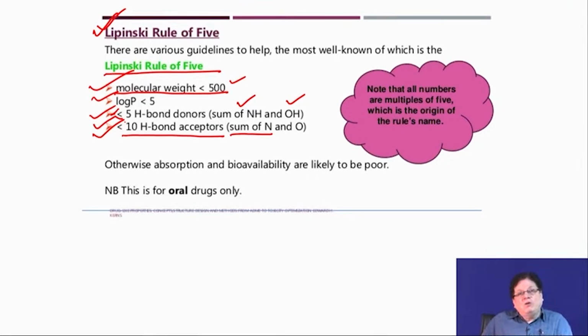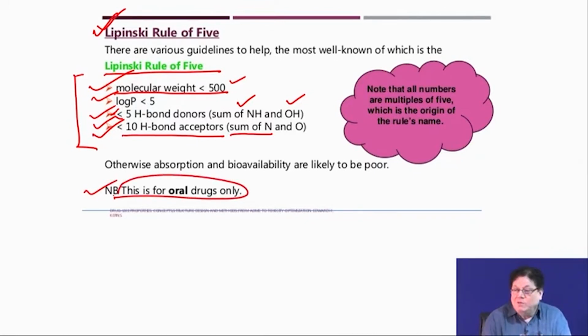Now, all pharmaceutical companies initially screen the molecule based on Lipinski's rule and reject those which do not satisfy these parameters. Remember, this is only true for oral drugs, because we are talking about log p value, molecular weight, and hydrogen bonds.